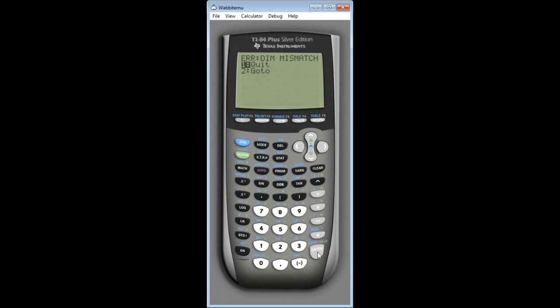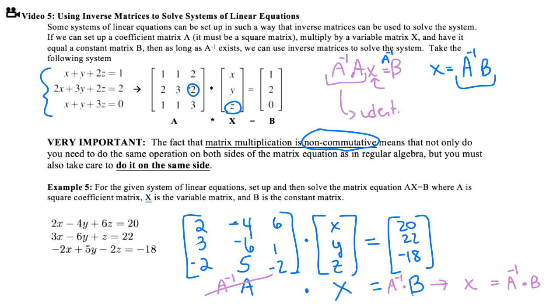So that error right there is a dimension mismatch. Let's go back to our screen over here and see why this dimension mismatch would happen. Okay, so if we look at A, matrix A has dimensions 3 by 3.